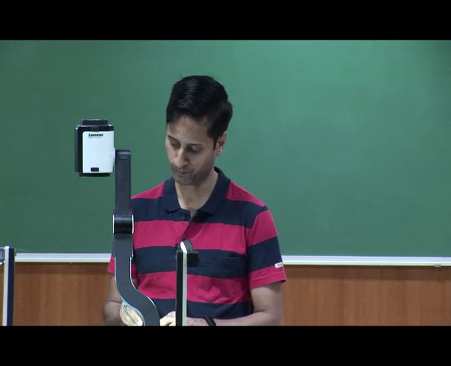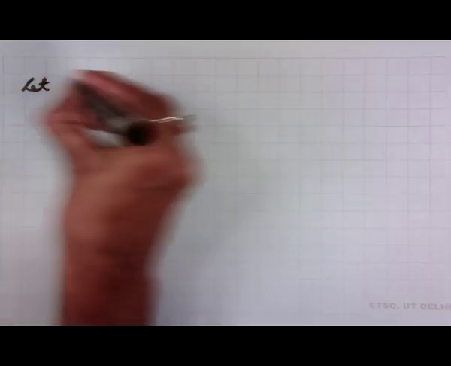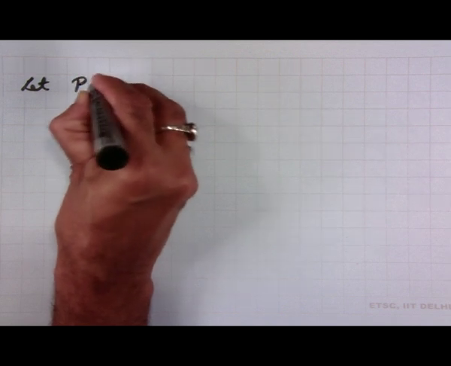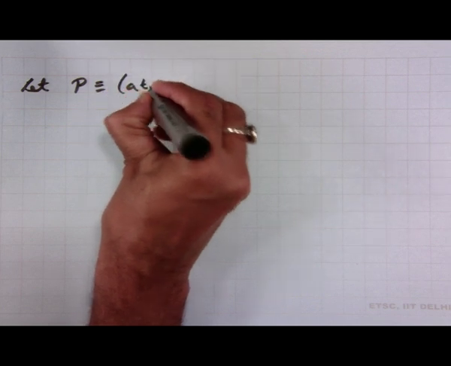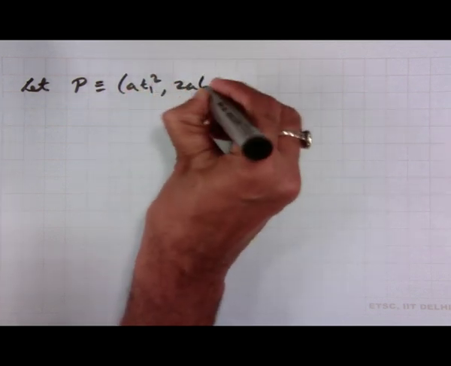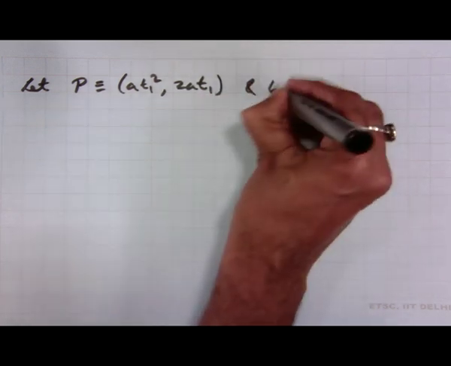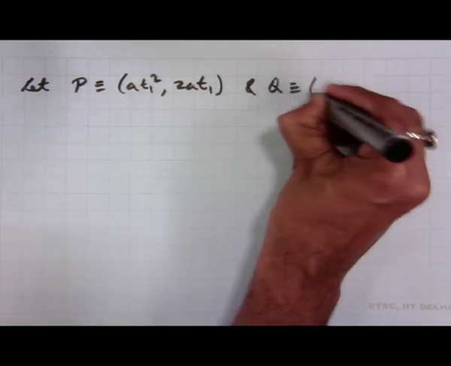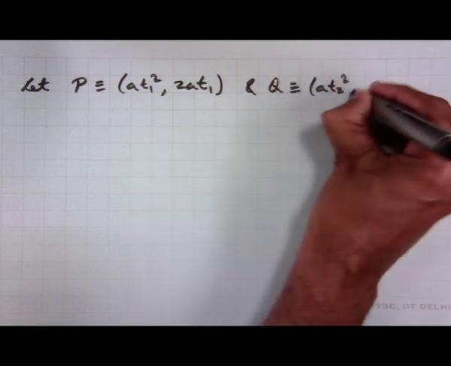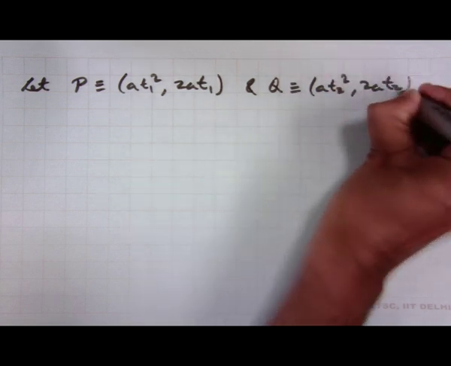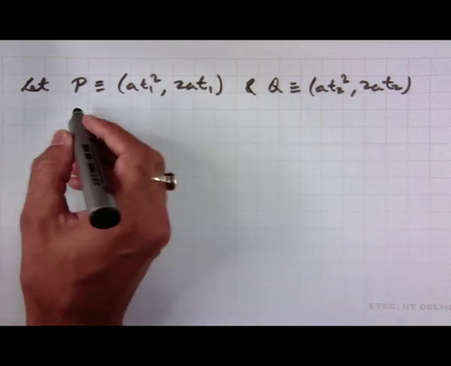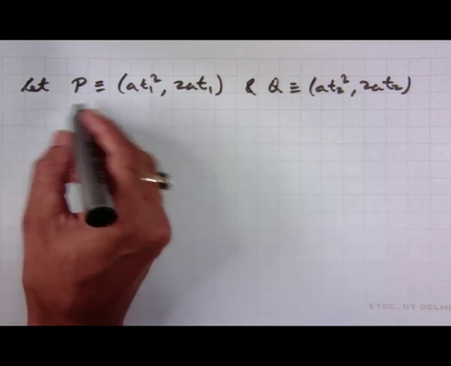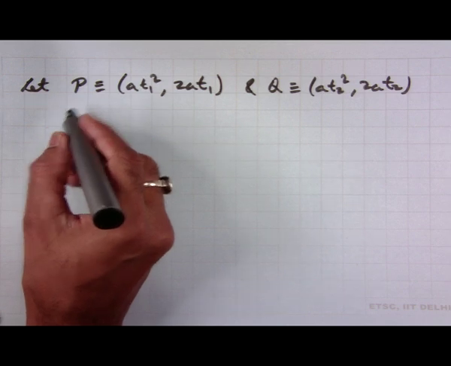Okay. So, we know that we can take the point in parametric form. Let P be (a t1 square, 2a t1) and Q be the point (a t2 square, 2a t2). Then we just derived the intersection of the tangent lines.